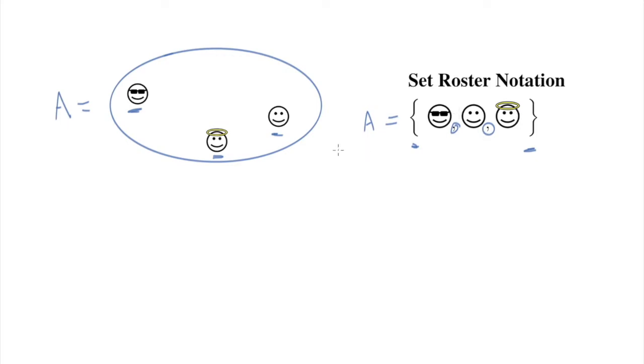Okay, let's look at a new set. Say we have a new set B, and it contains the numbers from 1 to 100. So 1, 2, 3. Well, you see that we are pretty quickly going to run out of space. So what do we do? One thing we can do is use these three dots called an ellipsis.